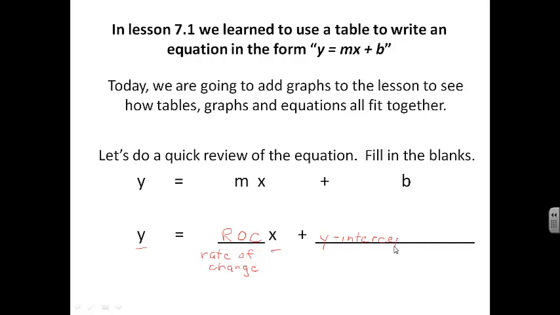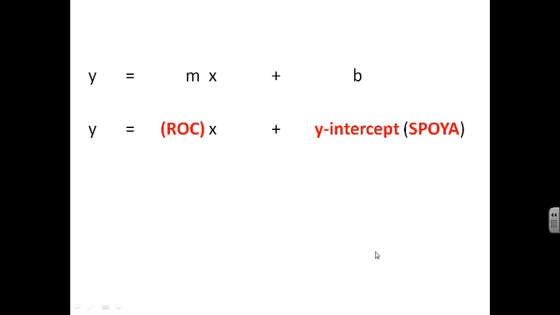That's where the line runs into the y-axis. And remember, the fun word we're calling that is a spulia, starting point on y-axis. That's what you should have filled in.